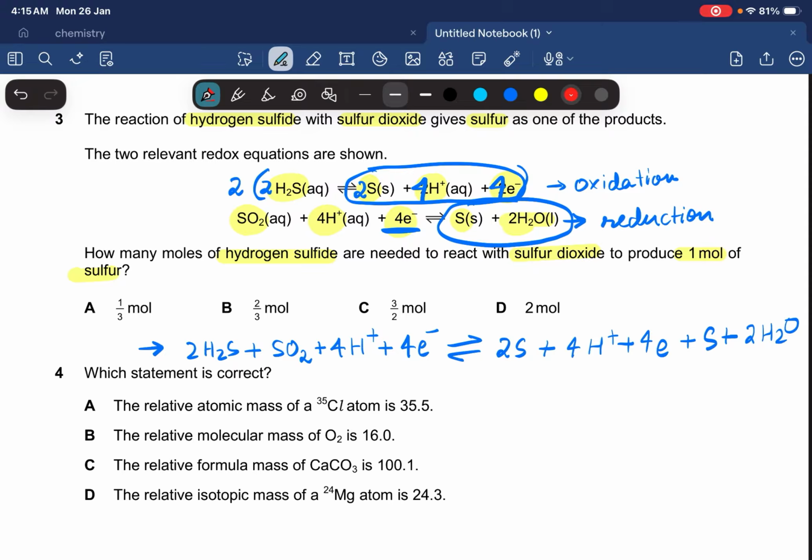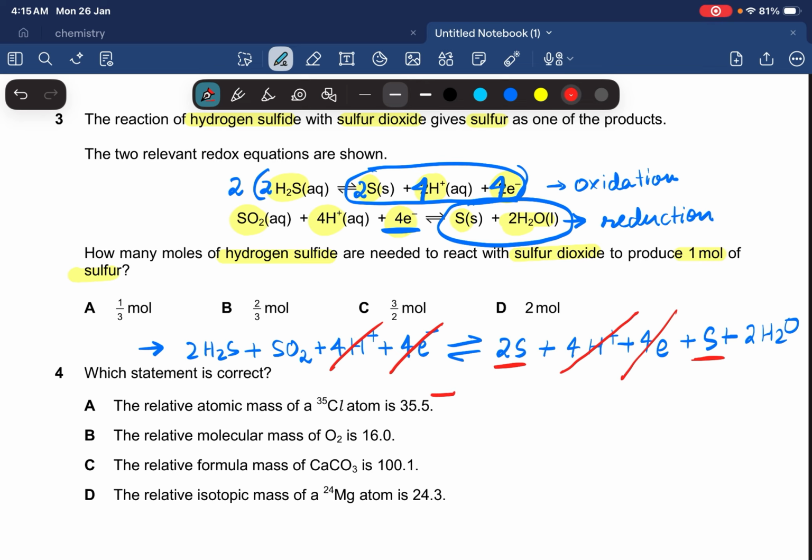So I cancel my 4 electrons, 4H plus on this side, 4H plus on this side, right? And now I combine the things that are on both sides, like 2 sulfurs, and over here there's a third sulfur, so I need to combine them. So now I write a combined proper equation in which everything's cancelled.